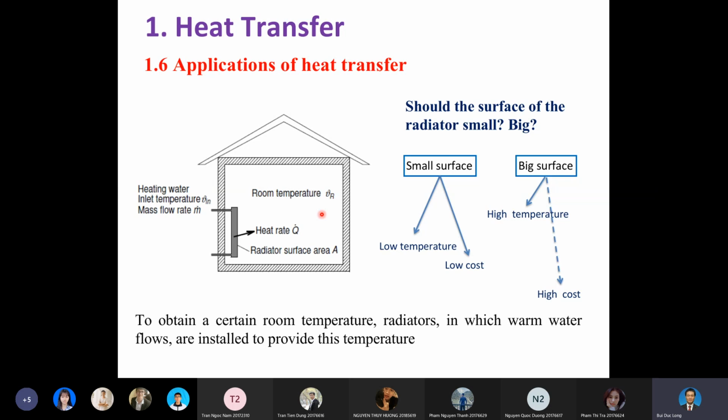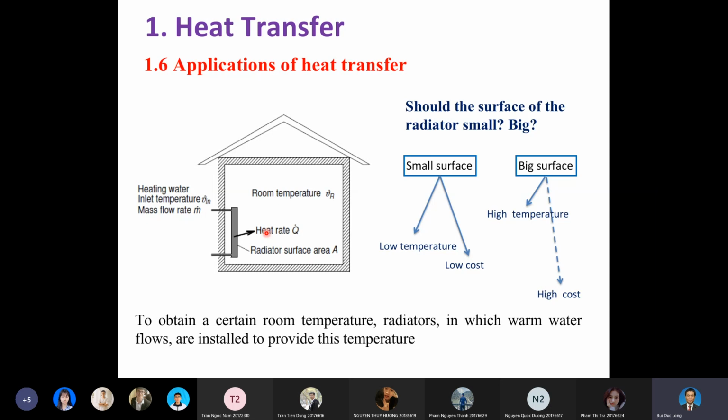So the question here is, what size suits the surface of the radiator? Should it be small or big? There are some matters the engineer needs to consider. For a small surface, the heat transferred from the radiator to the surrounding environment in the house will be small, and of course it takes a long time to warm up the room.